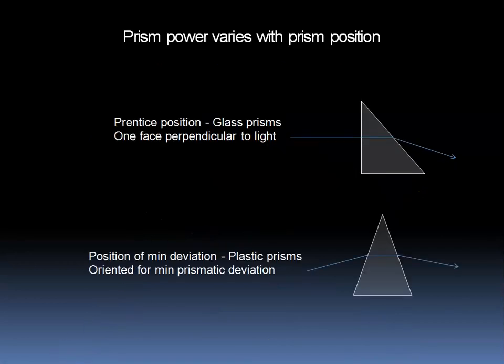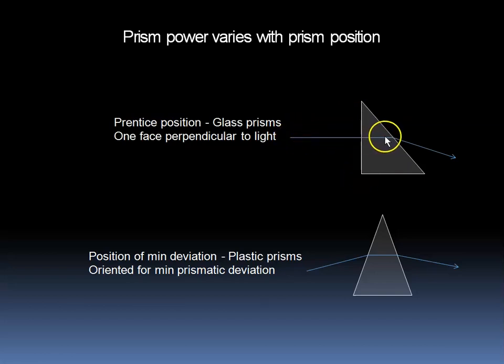Prism power varies with the position of the prism because of the way Snell's law operates, in which the angle of deviation depends on the angle of incidence of the incoming light. Glass prisms are generally measured in the Prentice position, in which the incoming light is at right angles to the first face.